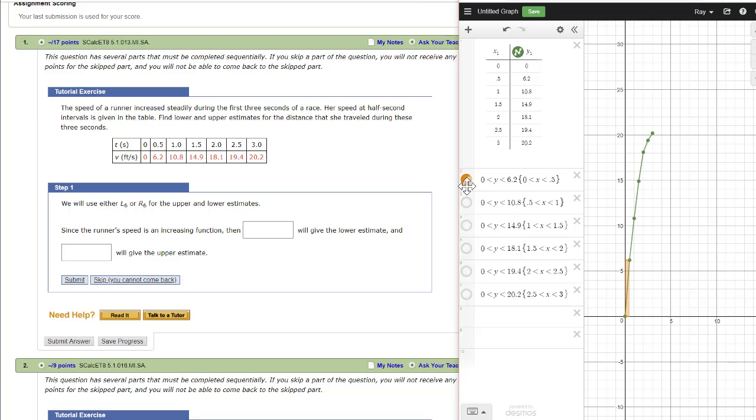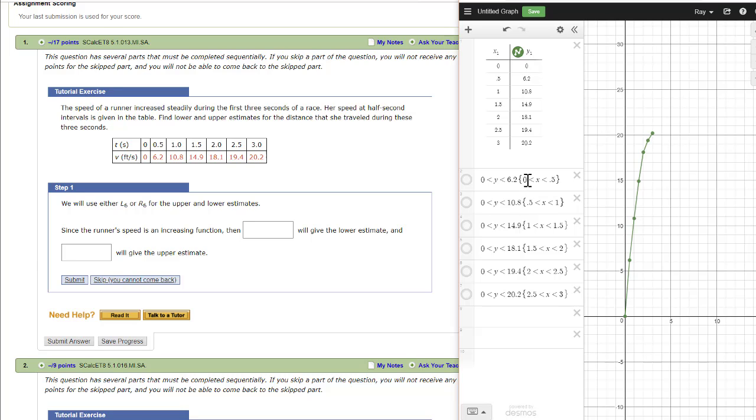Using the left-hand endpoint would start off with 0, because this would be the left-hand endpoint. You can't see it because it's going to have a height of 0, so the first rectangle would be in here. Let's take a look at the left estimate.